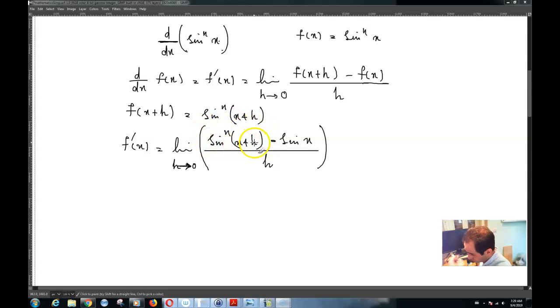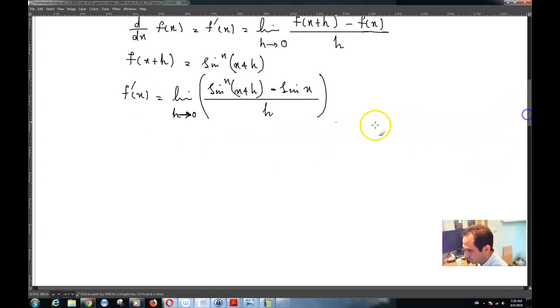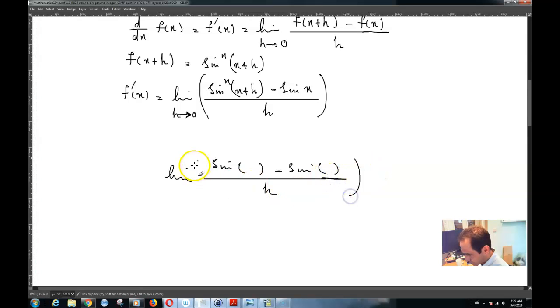I don't have any formulas for that, and the problem is that normally what we would do, what we did in the case of other limits, we had, for example, the limit of sine of some angle minus sine of some other angle, divided by h, as h tended to 0.